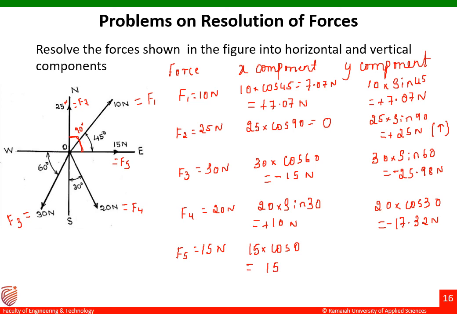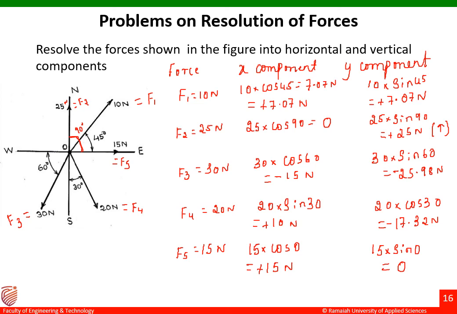You'll get the answer as 15 Newton. You can see the force is acting towards the right side, so it will be plus 15 Newton. For the y component, we'll write the formula as 15 into sine 0. Sine 0 is 0, so you'll get the answer as 0.